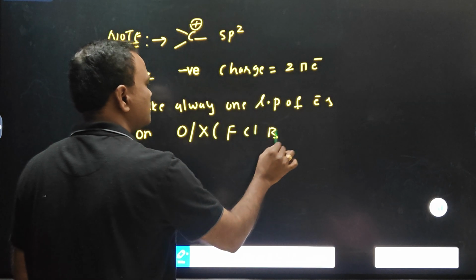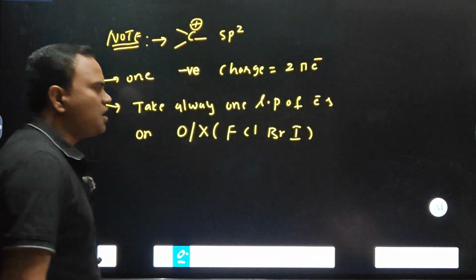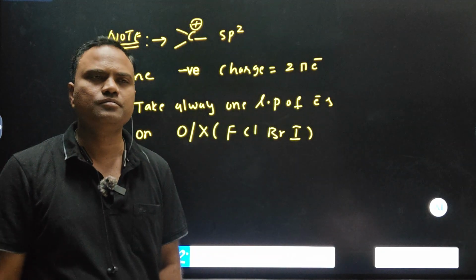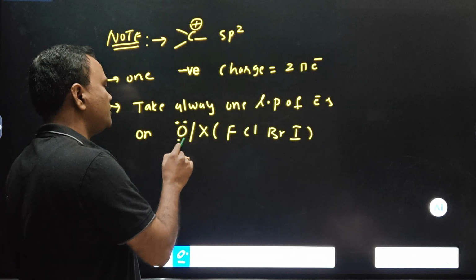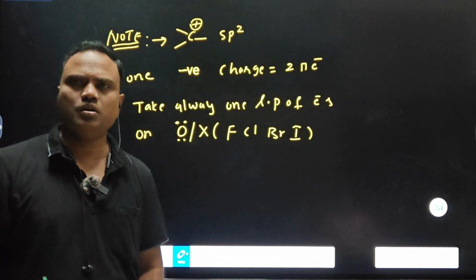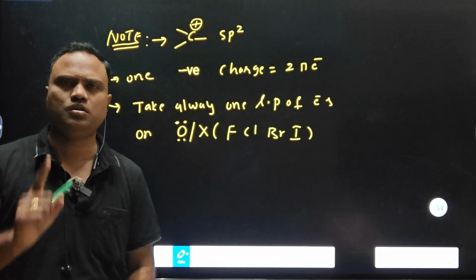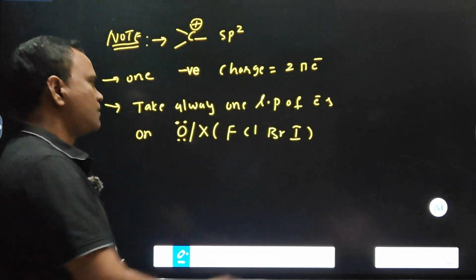Oxygen has how many lone pairs? 2 lone pairs. But while doing aromatic and anti-aromatic questions, take only one lone pair into consideration.